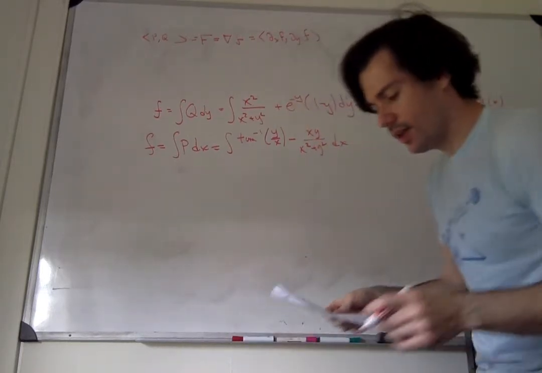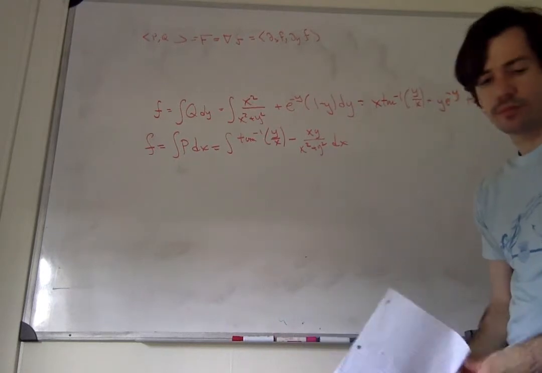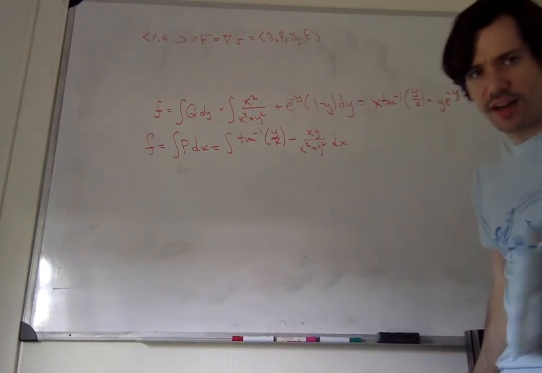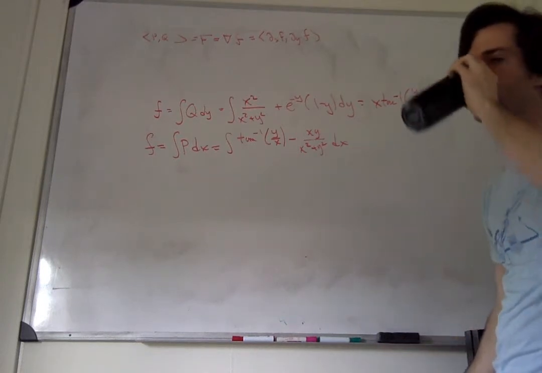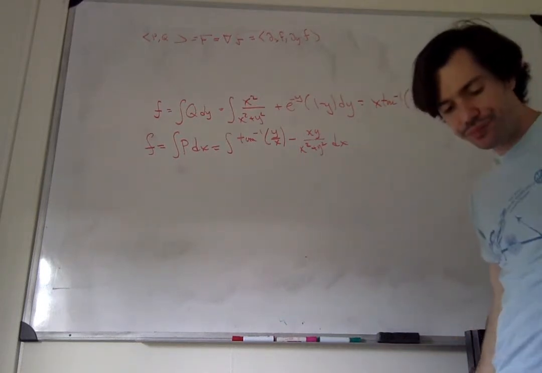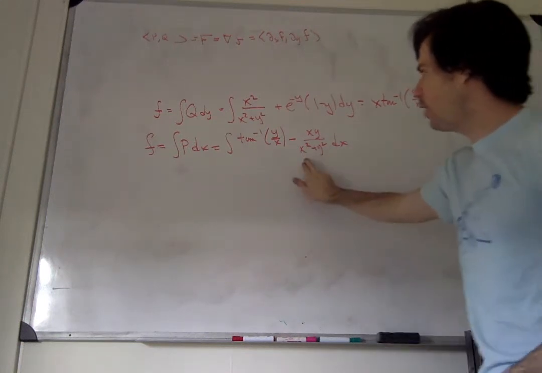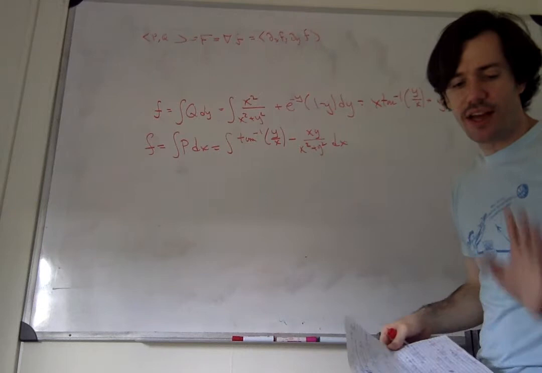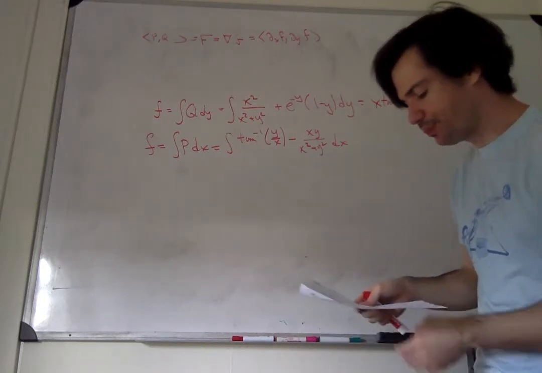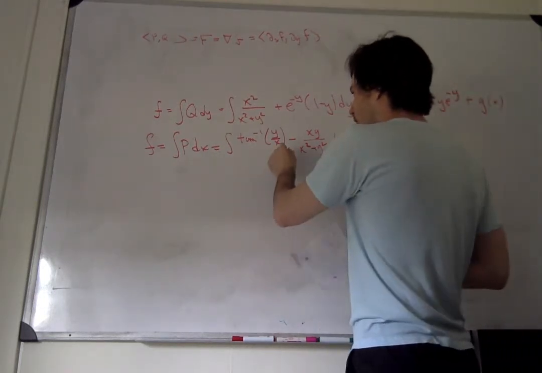You have that first part of your equation, the arctan of y over x, x y over x squared plus y squared. Okay, I don't want to do that yet. That's not going to end up being a problem. I don't actually need to calculate that second part. So let's focus on the arctan.